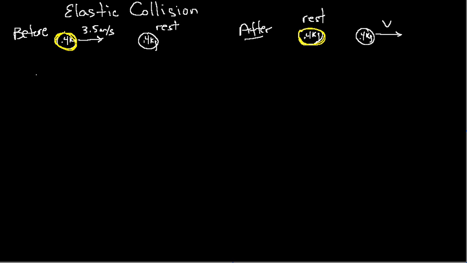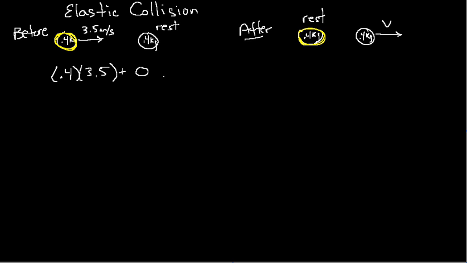Our conservation of momentum techniques tell us that the total momentum before is equal to the total momentum after. It's total momentum, not individual, but total. So what's the momentum over here? The momentum is the mass, 0.4, times the velocity, 3.5. This is at rest, so plus 0.